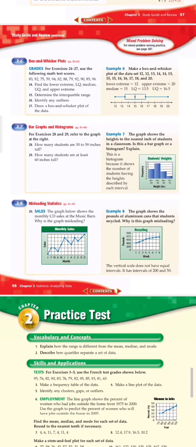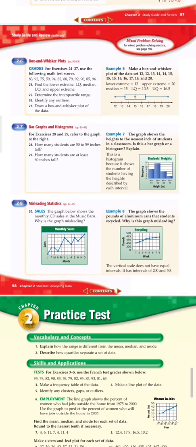Example 7. The graph shows the height to the nearest inch of students in a classroom. Is this a bar graph or a histogram? Explain. This is a histogram because it shows the number of students having the height described by each interval.